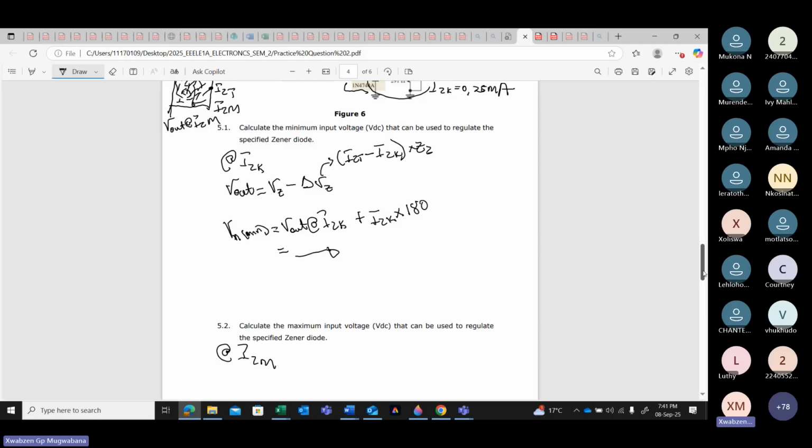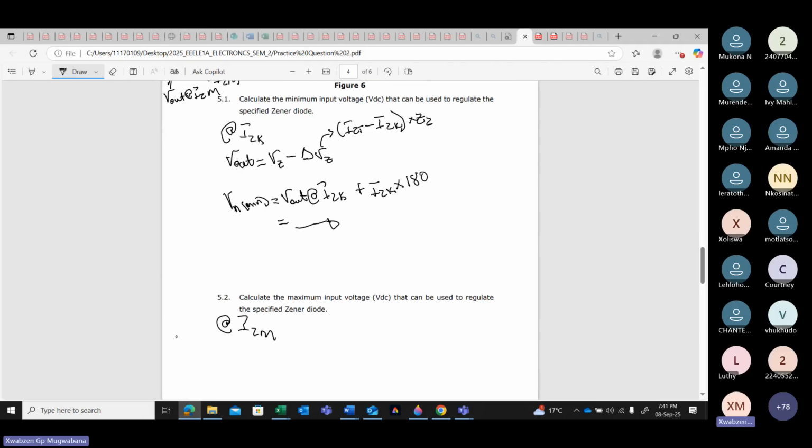Therefore, at IZM, I need to check: V out is equal to your V of Z plus your change in V of Z. What differs is, at maximum we add, at minimum we subtract. Are we together? At maximum we add, at minimum we subtract.